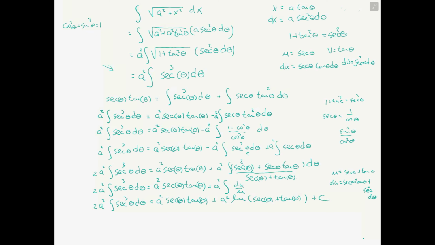Now you can see this integral: the integral of secant to the third theta d theta equals a squared on 2 secant theta tangent theta plus a squared on 2 natural log of secant theta plus tangent theta plus c.